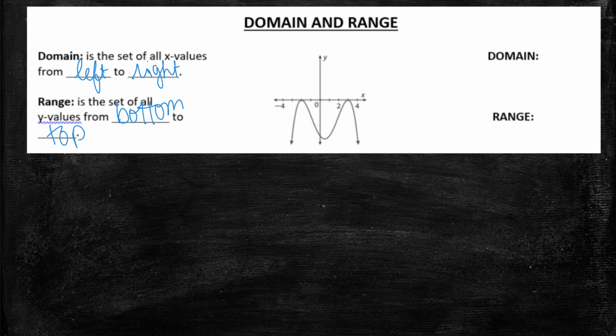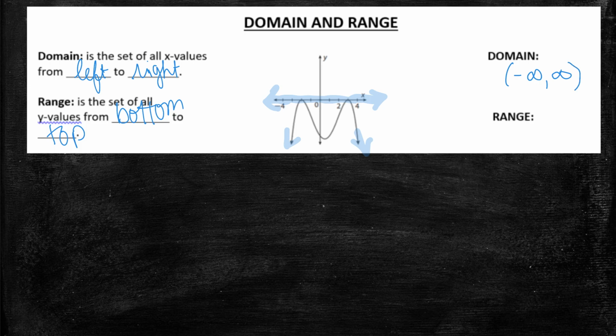In this particular example, the domain on the left side goes on forever, right? If I bring that up to the x-axis, it's going on forever this way. The right side is also going on forever. And it's everything between there, and notice that those two pieces are unbounded, so your domain is going to be negative infinity to infinity.